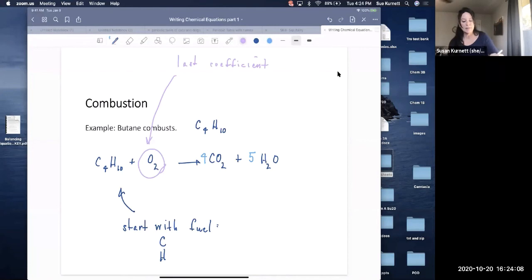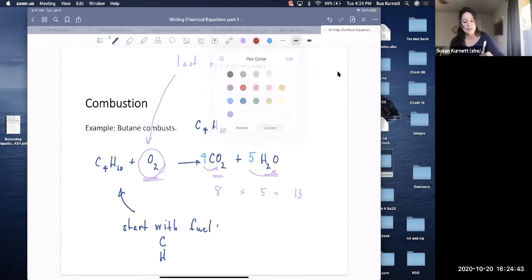And now I'm going to add up my oxygens here and see what I get. I have 4 times 2, so there's 8 oxygens in the carbon dioxide. And 5 times 1, 5 oxygens in the water. So there are 13 oxygens on the right. Problem is, I can't get an odd number out of something that comes in pairs. So what I'm going to do is change the coefficients. I'm going to double everything that I already have.